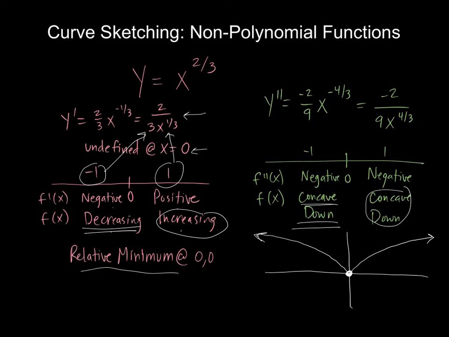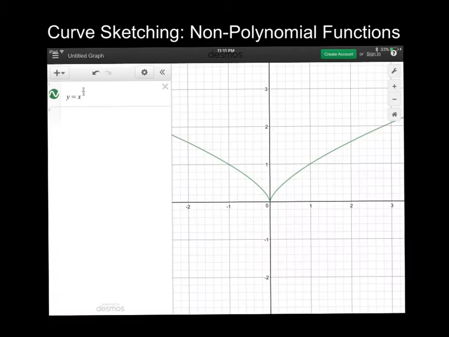This is about the only way it can look, and the next slide will show us the official picture. All right, and here's x to the 2/3. It's similar to the cube root graph, except this part down here has been flipped up positive because the squared portion of the 2/3 exponent makes everything positive, and that's what we analyzed in the last slide.